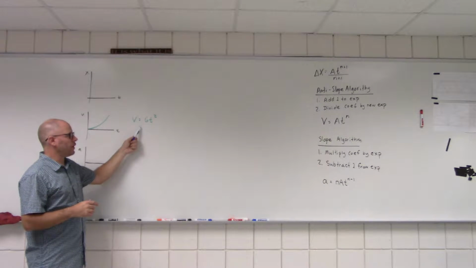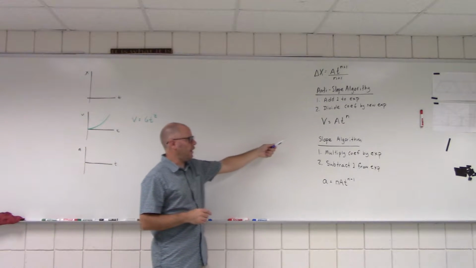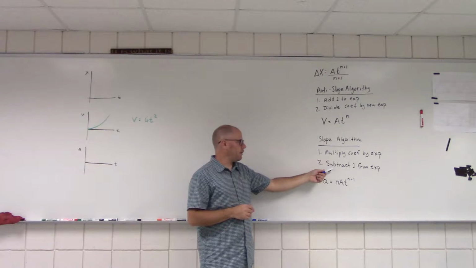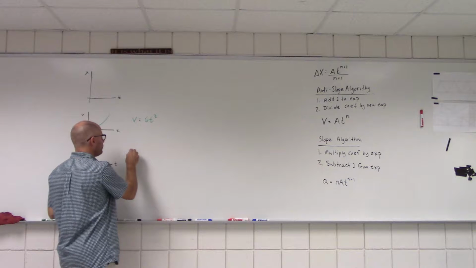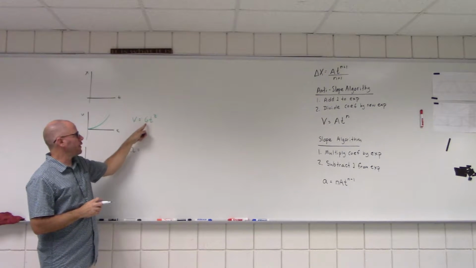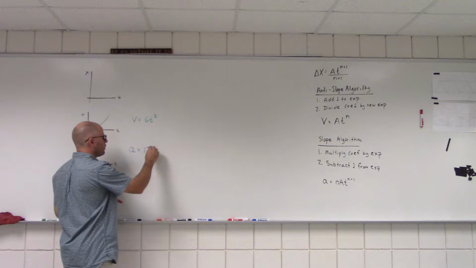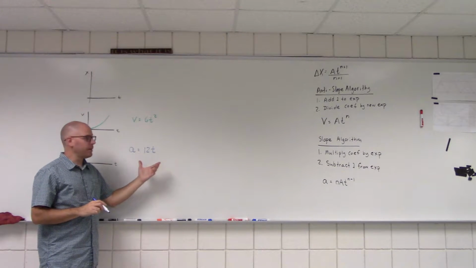Let's do the easy one first. If I want to get the acceleration, I'm going to apply the slope algorithm. Slope algorithm says multiply your coefficient by your exponent and then subtract 1 to get the new exponent. No problem. Acceleration is equal to, take my coefficient, multiply that by the exponent. 6 times 2 is 12t, which totally makes some sense to me, right?